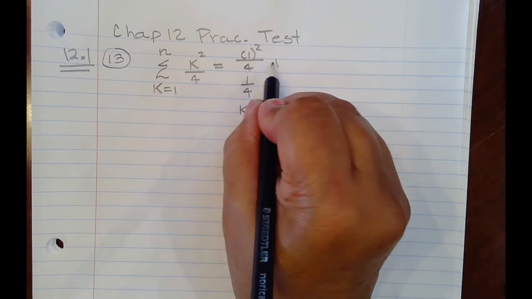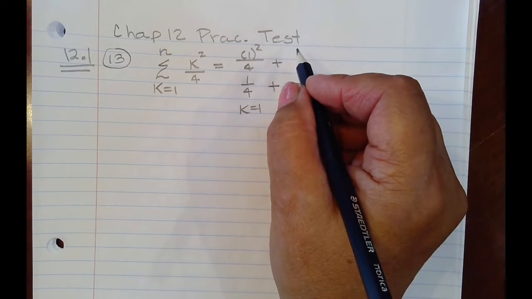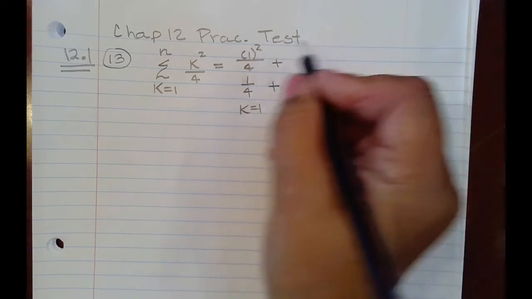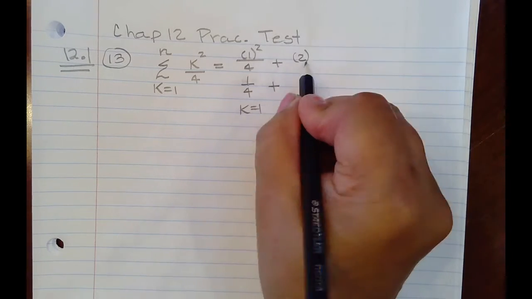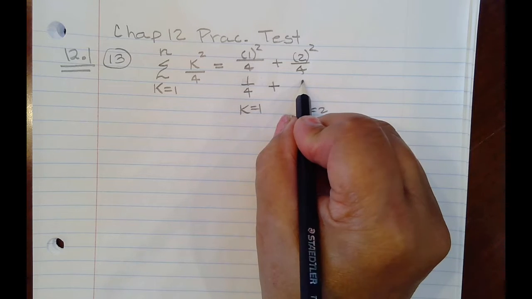This is a summation, so you can put the plus signs. So now I'm going to let my k value be 2, which means I'm just doing 2 squared over 4. So 2 squared over 4, that's 4 over 4, or just 1.